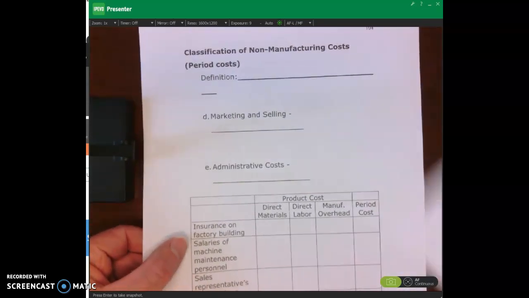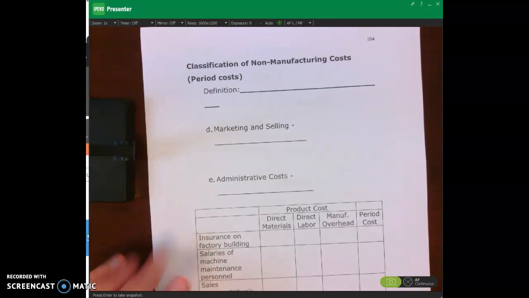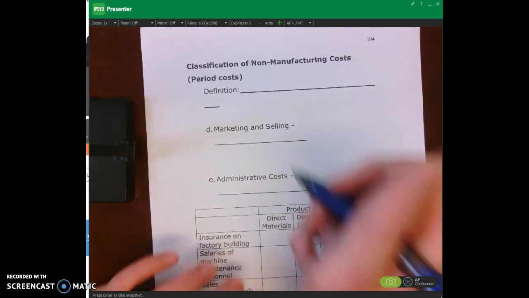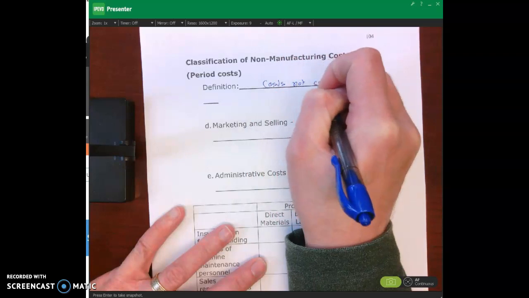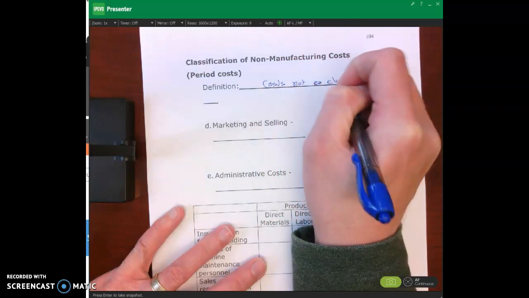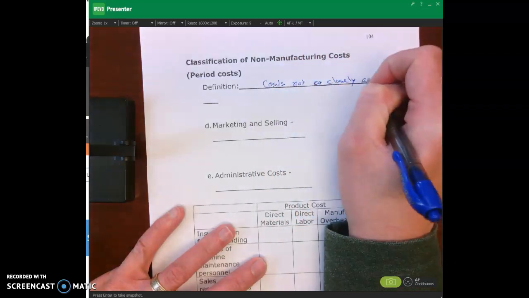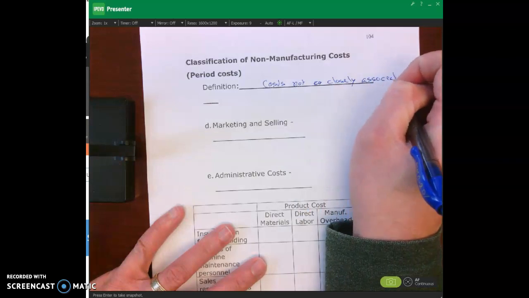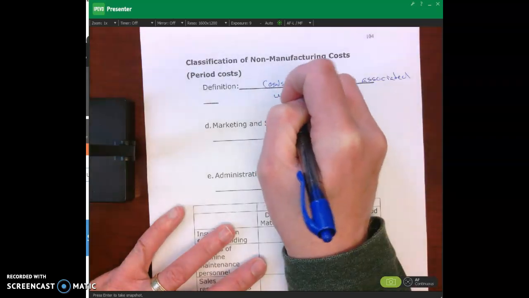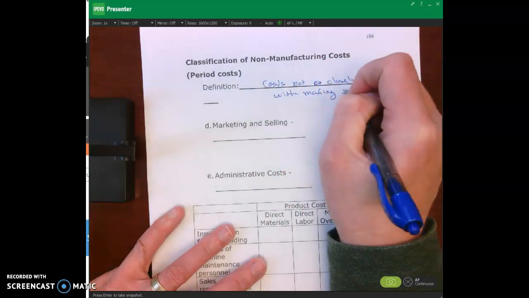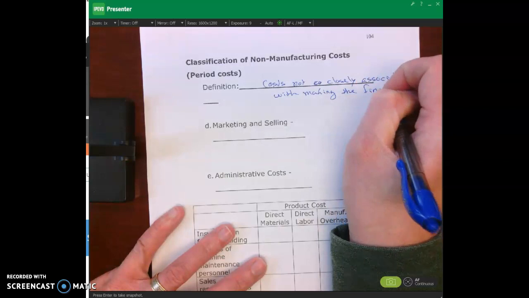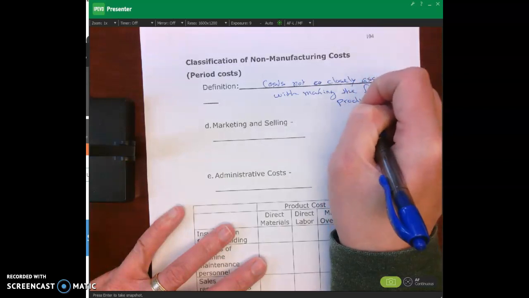Period costs, the definition over here for period costs, as we'll see, are those costs not closely associated with making the final product. Okay?